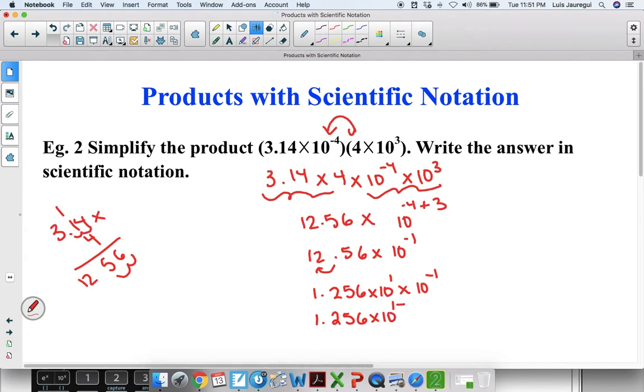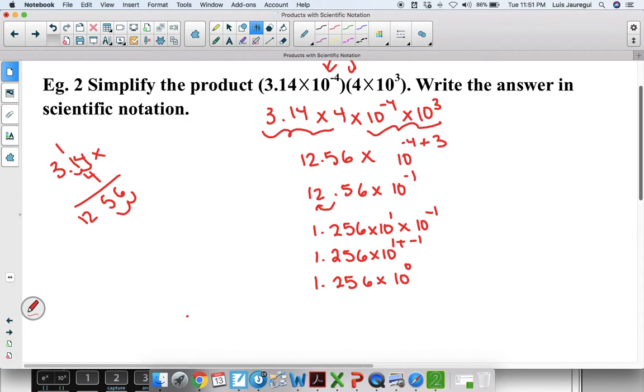So 1 plus negative 1, which happens to be 1.256 times 10 to the 0 power. So we can conclude the following: 3.14 times 10 to the negative 4 times 4 times 10 to the third is equal to 1.256 times 10 to the 0 power.